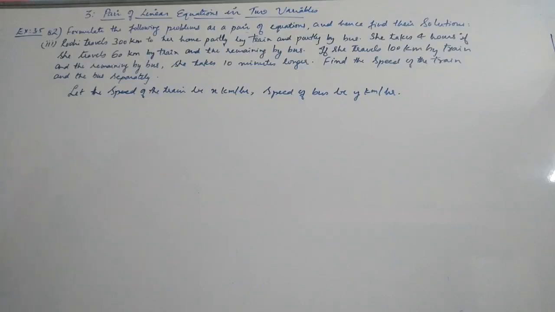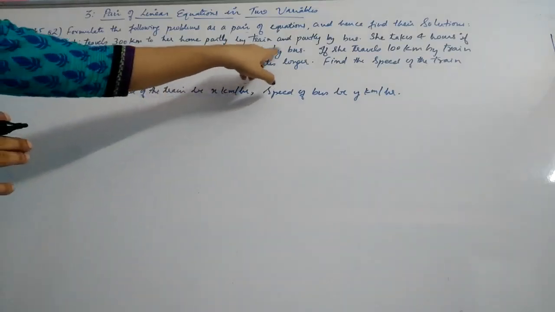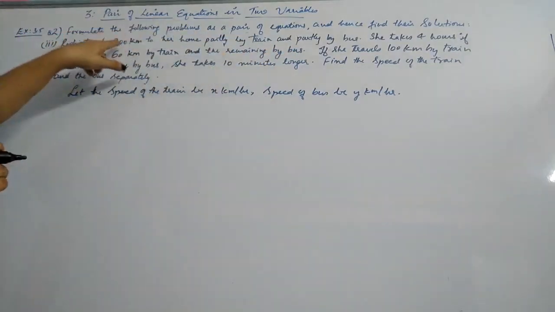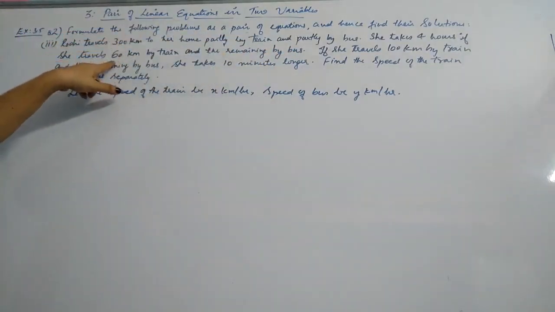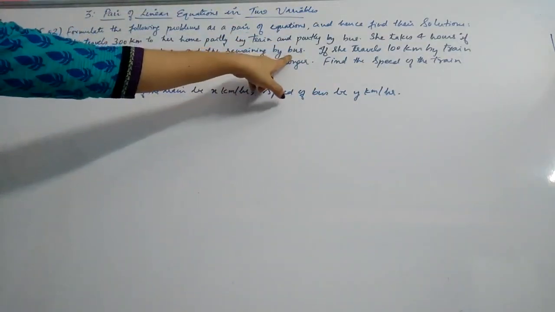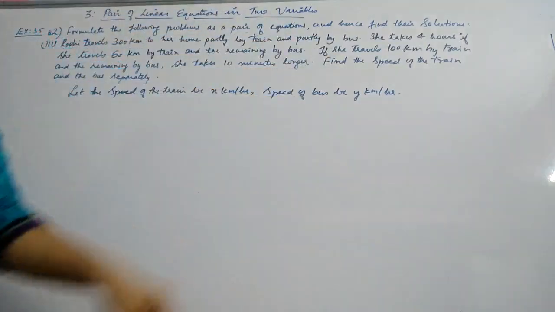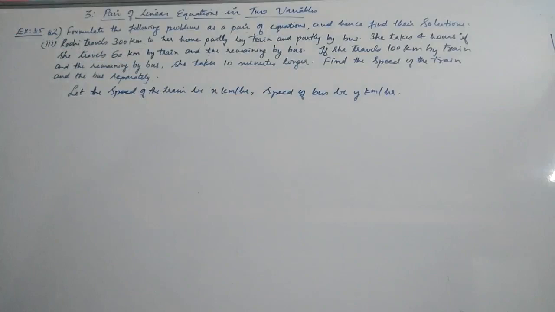So 60 by x will be the time taken. The remaining distance by bus will be 300 minus 60, which is 240, divided by the speed of the bus. So distance travelled by bus divided by speed of the bus will give you the time taken to travel by bus.